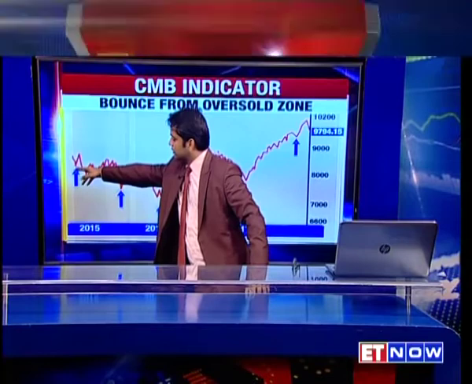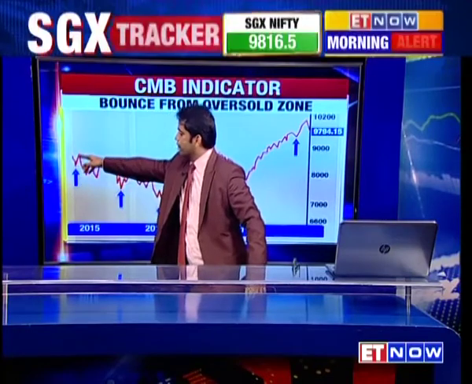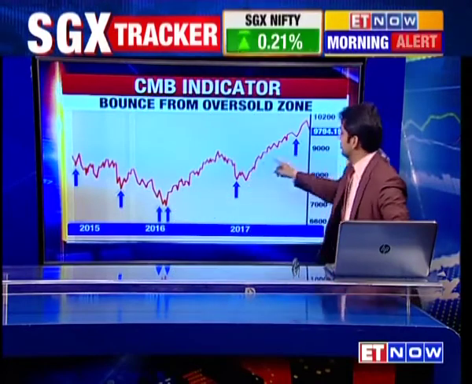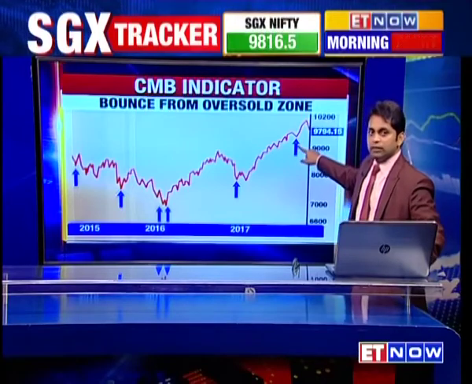This is the Nifty's chart, and these are the same reference points which I have taken in the table as well. You look at the point of recovery from here. When the CMB indicator became negative 6,000, you saw a recovery of almost 3 to 4% on the indices. Similar is the case over here. Same two cases over here, and one of the cases which happened recently, in the month of May 2017.